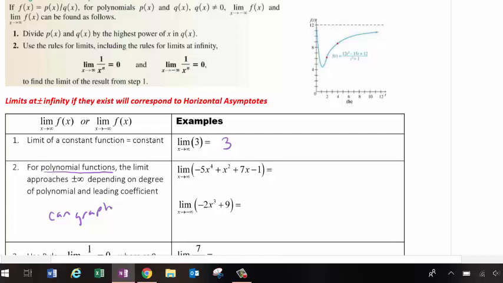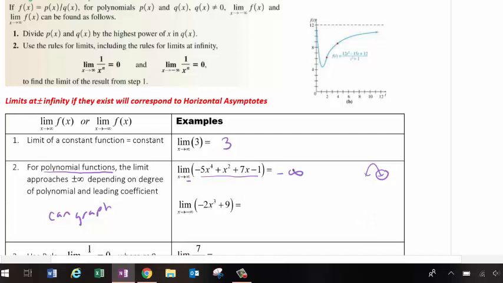So for this first one, if I were to sketch this inside piece, this fourth power polynomial, it has some little squigglies in there. But remember, I'm looking at the right-hand side, positive infinity, which is going down. So my limit goes to negative infinity.